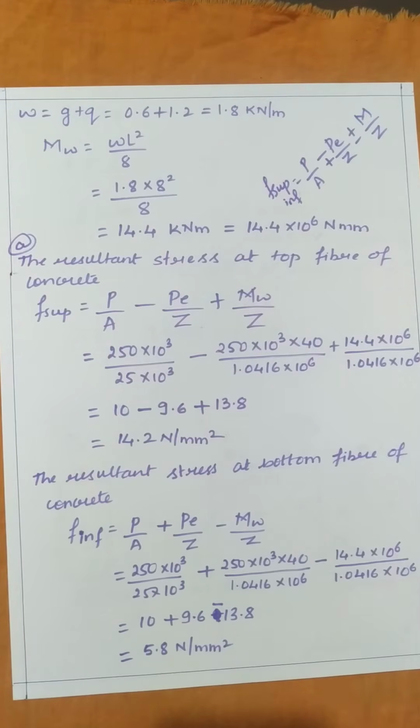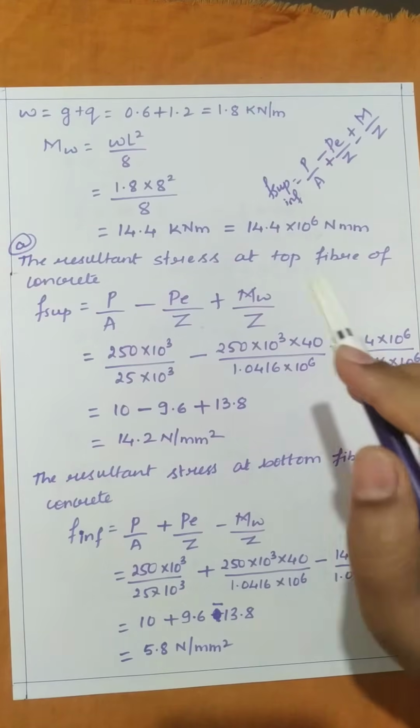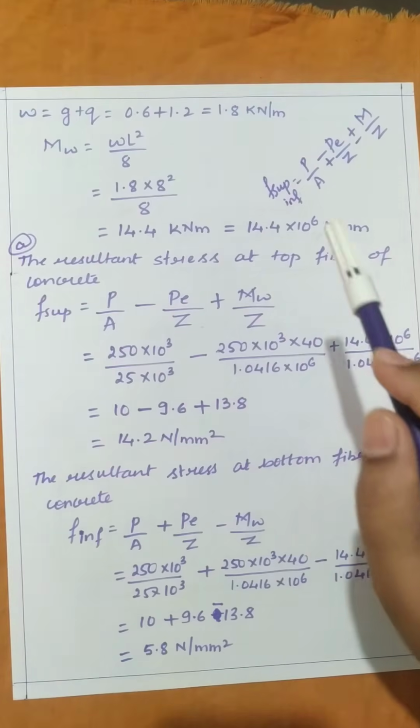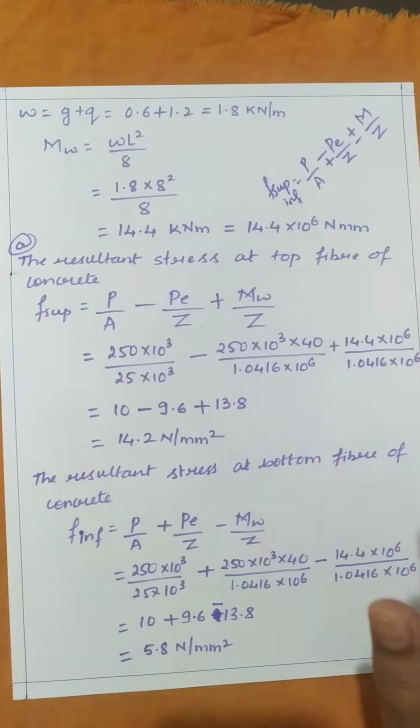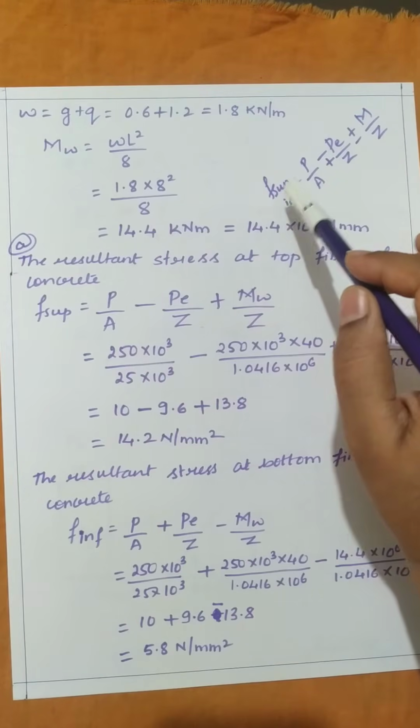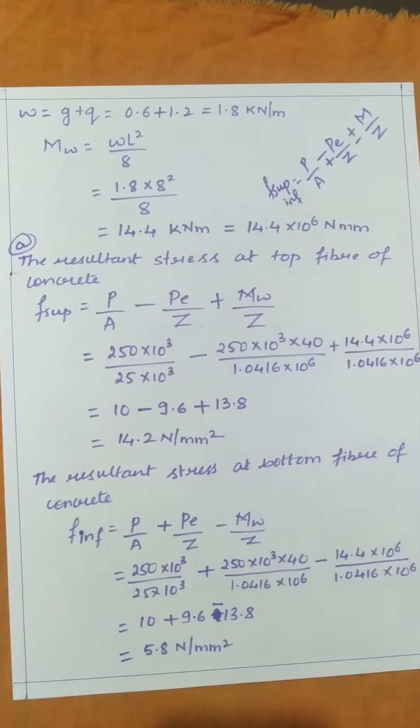First of all, in pre-stressed concrete, while calculating the resultant stress, two formulas we have to remember. If you remember these equations, then you can easily find the resultant stress. We always find the resultant stress at the top fiber and the bottom fiber. The resultant stress at the top fiber is called F superior, and at the bottom fiber F inferior.